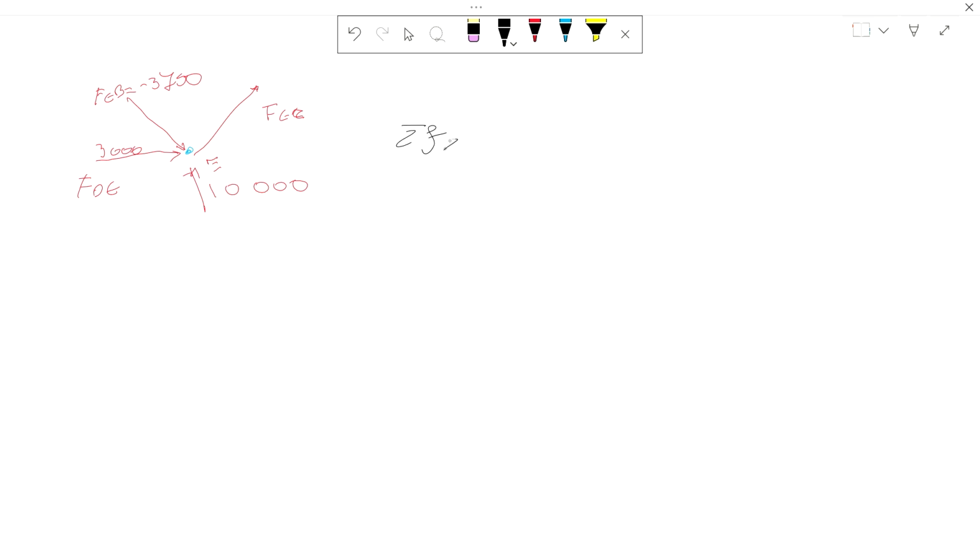Okay, so we have to do the same thing. Summation of forces in X equals 0, and summation of forces in Y equals 0. In summation of forces in X, what do we have in X?